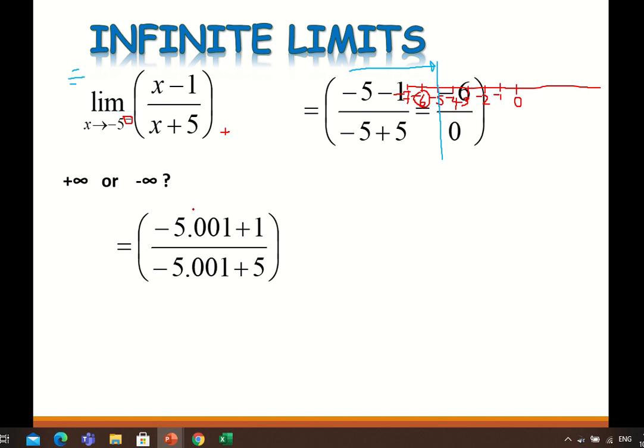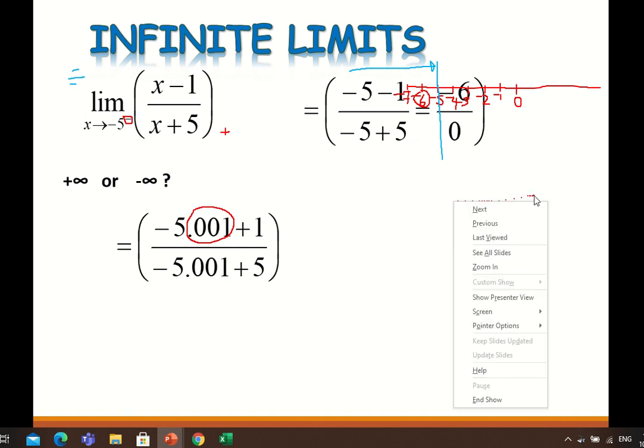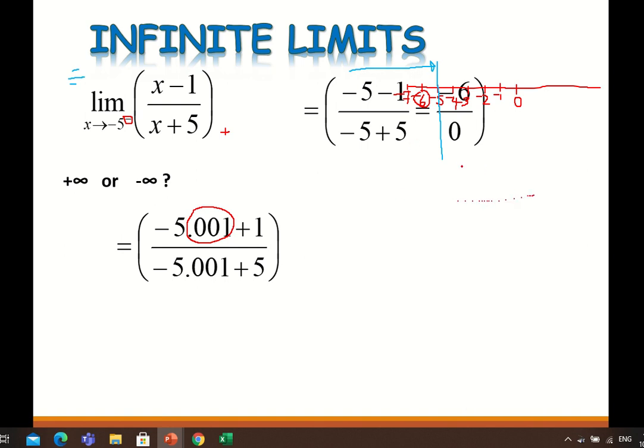That's why we have here negative 0.0001.